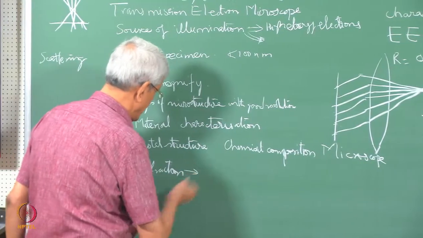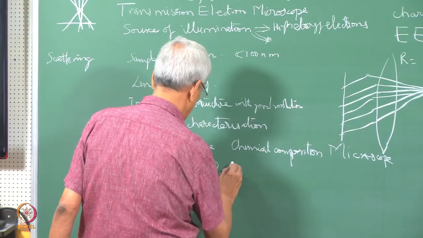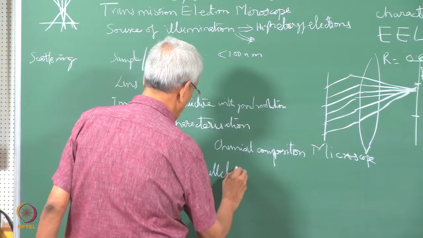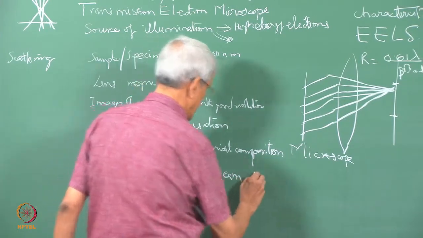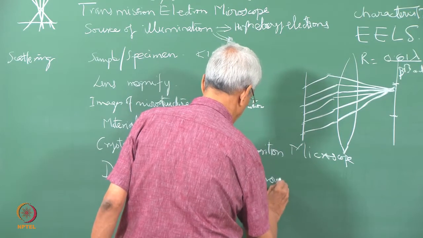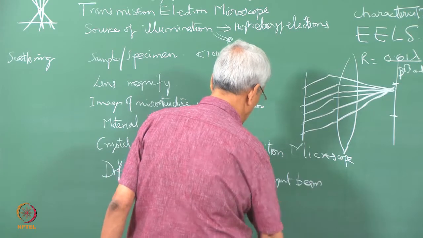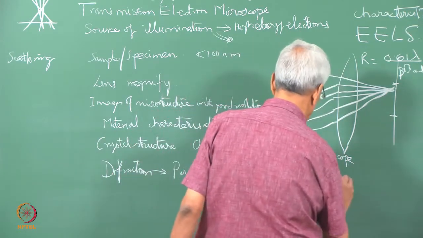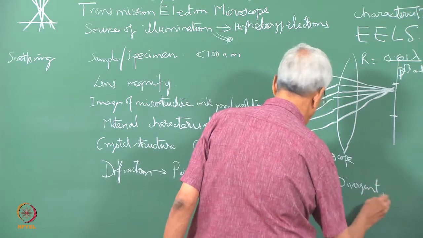This aspect we considered as parallel beam, then convergent beam, then divergent beam. These are all the various types of beams which we can use.